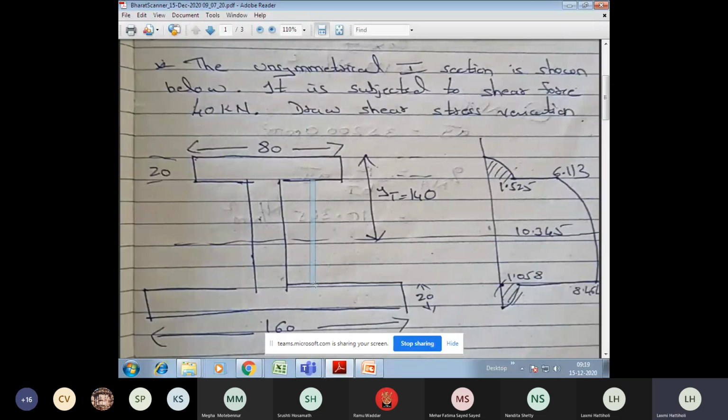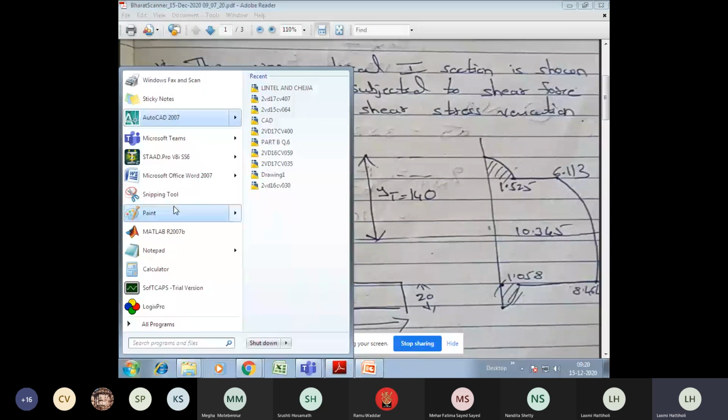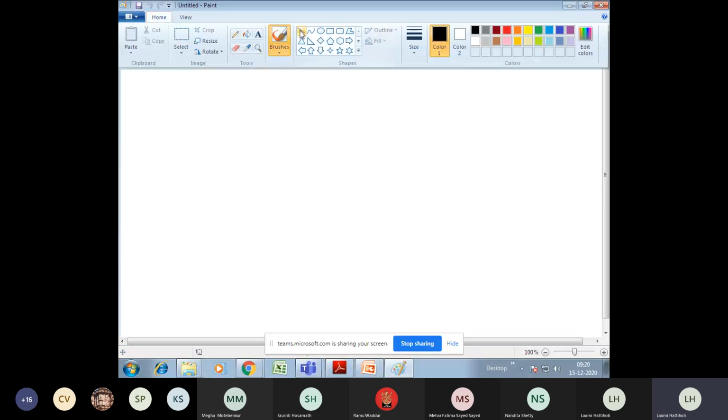Web depth. Okay, so depth of the web is 200 mm. Kindly note. Depth of the web is 200 mm.